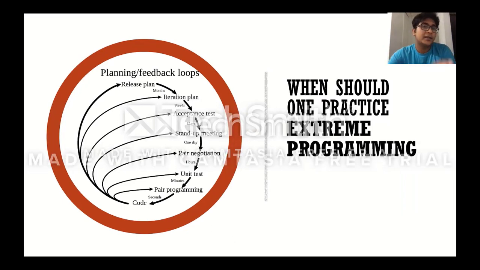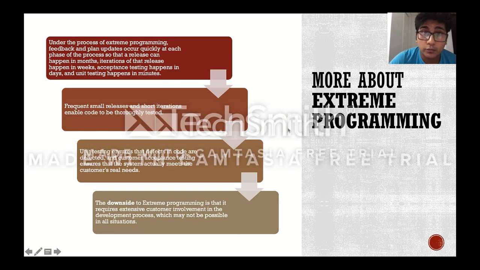So, this is basically a diagram of all the loops and the processes involved in it. And how do they work? So, under the process of extreme programming, the feedback and the plan updates occur really quickly in each of the phases. The iteration of the release happens in weeks, acceptance testing happens in days, and the unit testing happens in minutes.